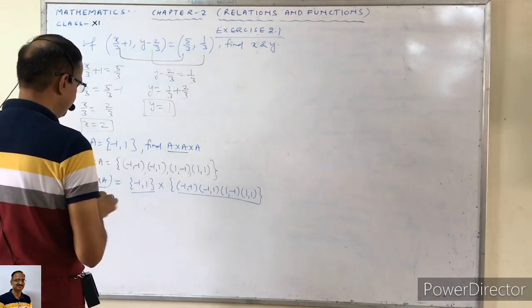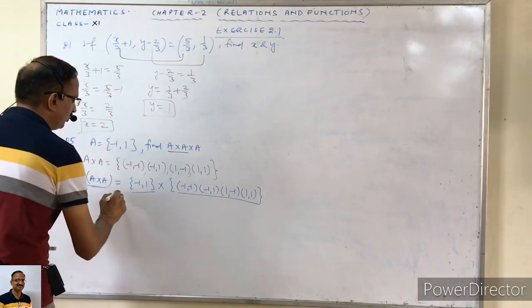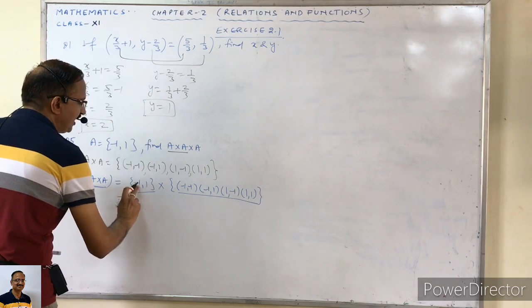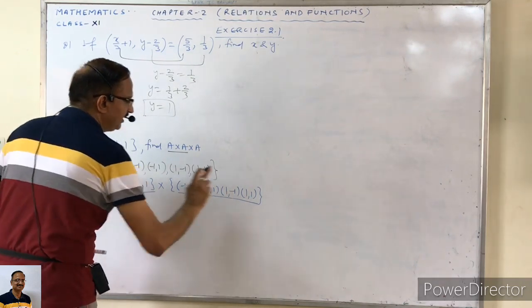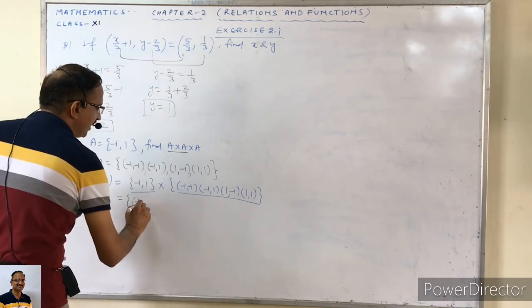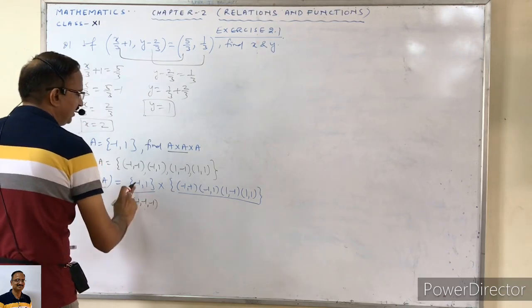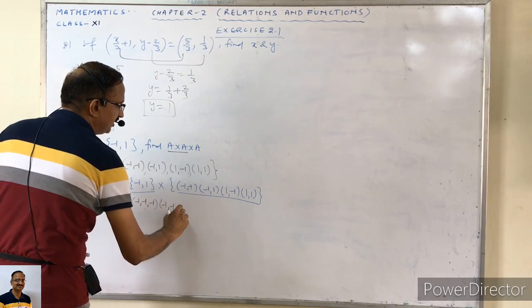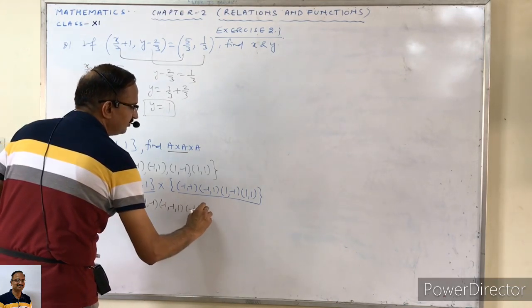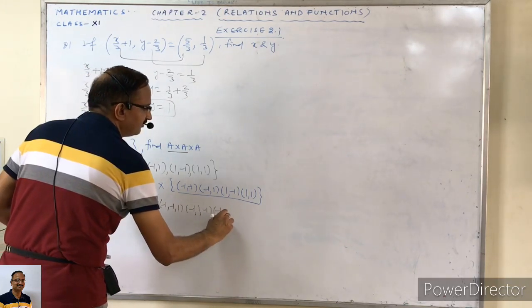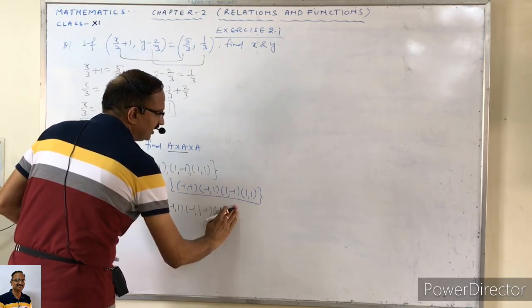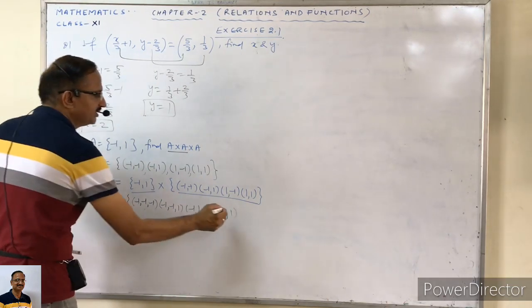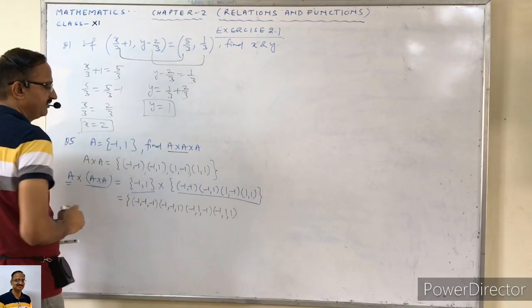So the possible combinations are minus 1 with all these. So we can write minus 1, minus 1, minus 1, then minus 1, 1, minus 1, then minus 1, 1, 1. These are the combinations from minus 1.